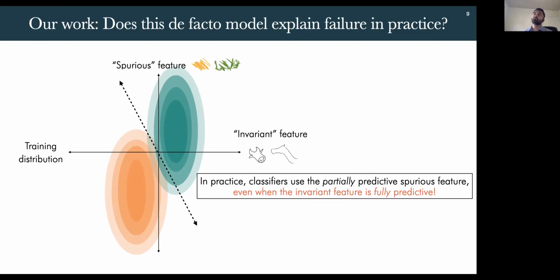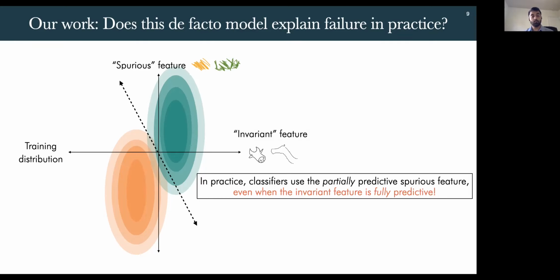To convince you of why that's the case, let's imagine slightly tweaking this data distribution such that the invariant feature becomes fully predictive of the label. For that, I'm going to reduce the variance of the invariant feature, so these two distributions will become flatter and flatter.